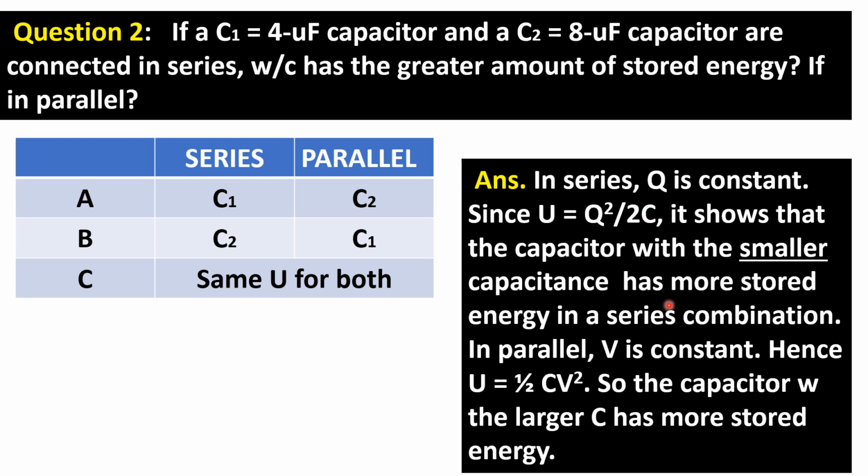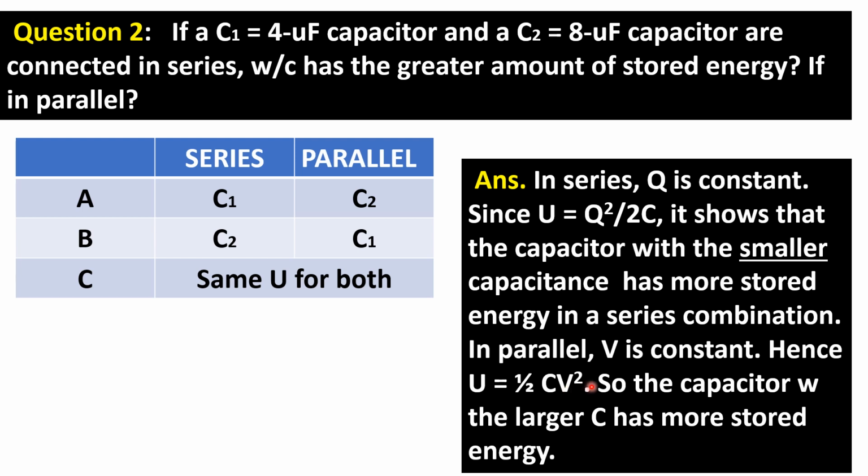That's for series. When they're in parallel, where the voltage or potential difference, capital V, is constant, the formula that relates the stored energy or electric potential energy U to the capacitance and to the voltage is U equals 1/2 the product C and the square of the voltage.